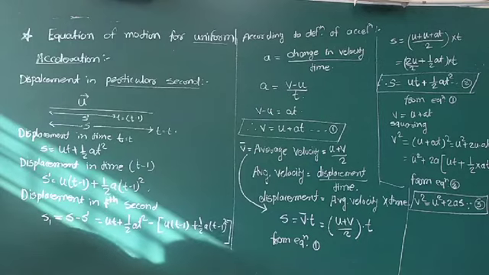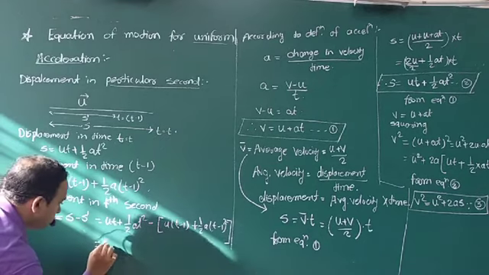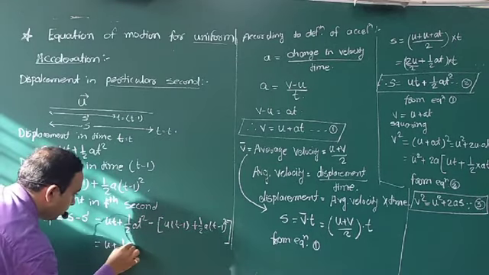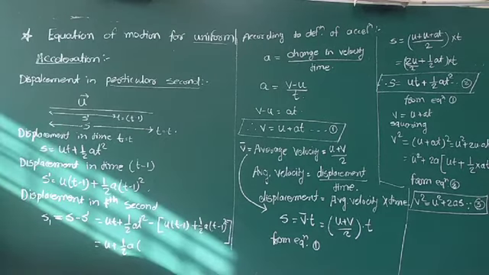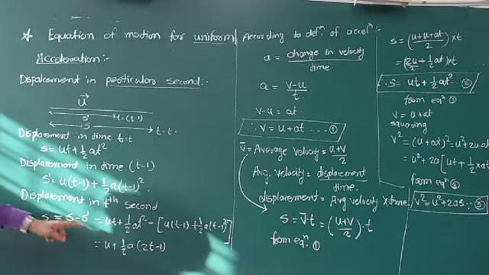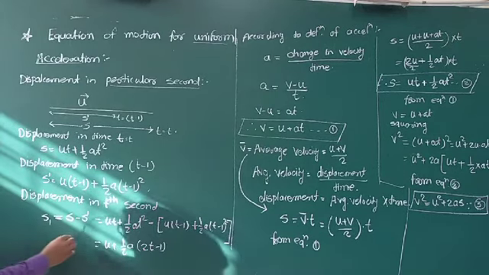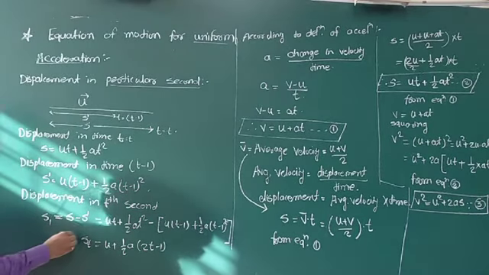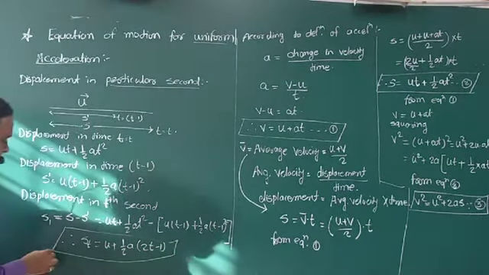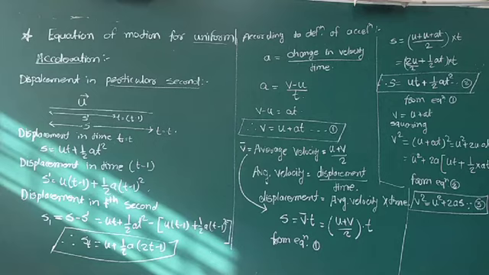Solving this equation, we get the value u plus half a into (2t minus 1). This is the displacement at a particular time, s_t. So this is the fourth kinematic equation, with which we find the displacement at that particular time.